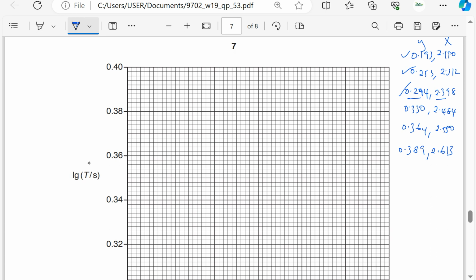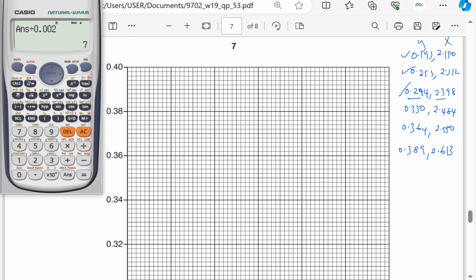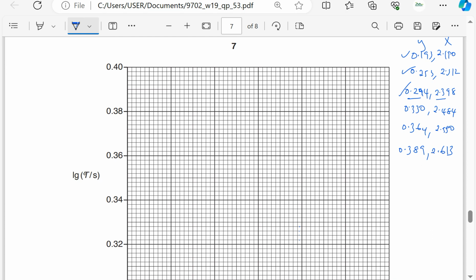Then we have 0.33 on the y-axis. So I'll plot 0.33. 0.33 minus, it is just above 0.32, so minus 0.32 divided by the scale on the y, which is 0.002. So I'll add 5 small squares on 0.32. 1, 2, 3, 4, 5.